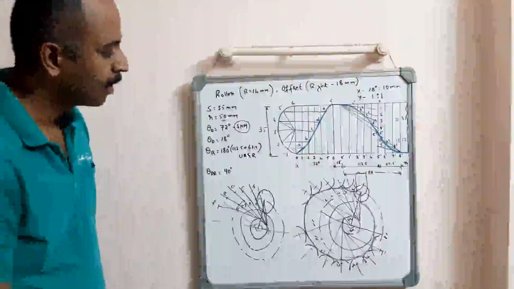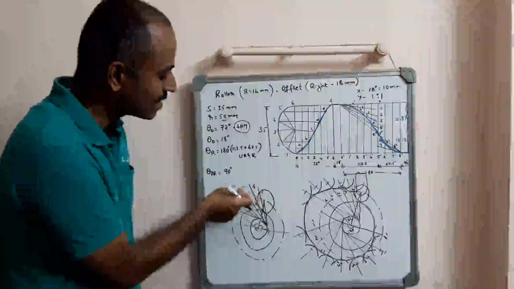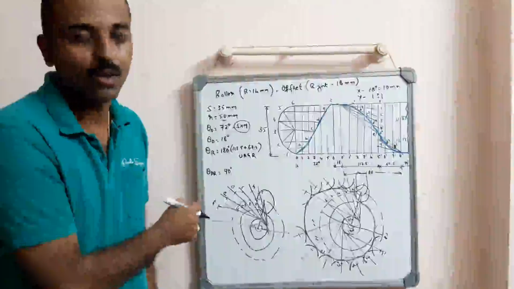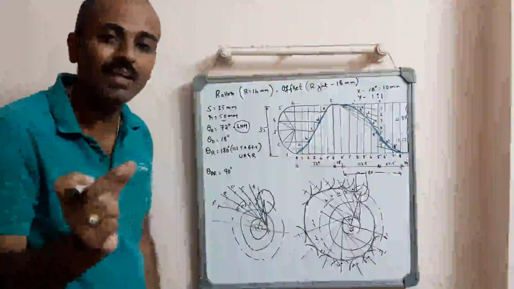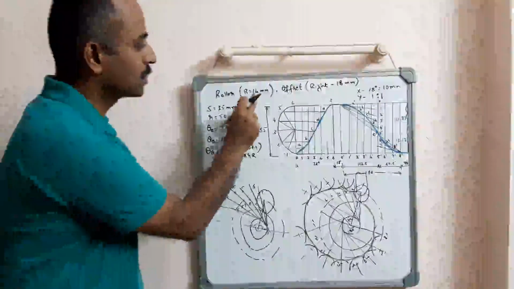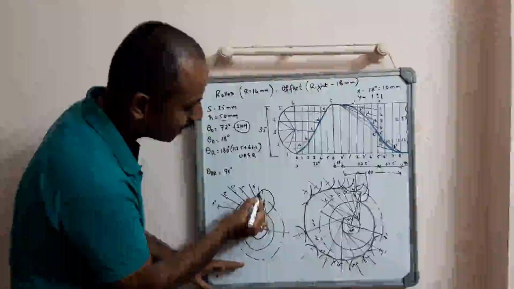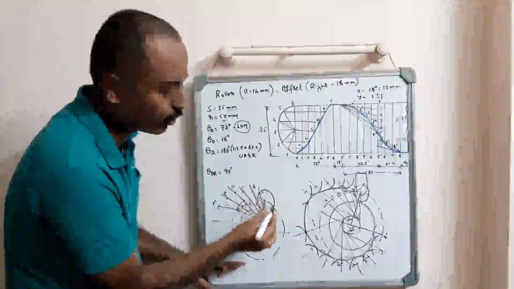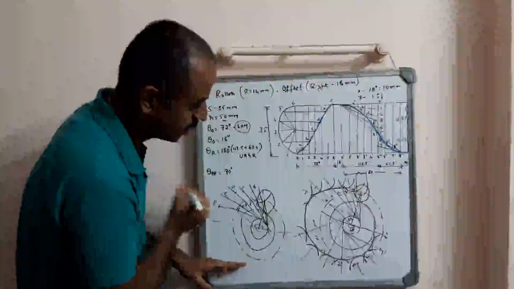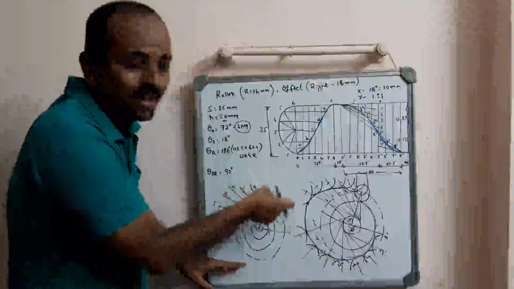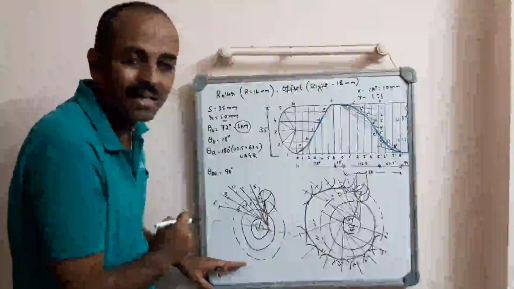Now, with A, B, C, D as center, go on drawing the roller arcs. That is, set your compass to roller radius, which is 14 mm. With A as center and radius equal to 14 mm, draw roller arcs like this. You need not draw a complete circle. This arc is sufficient.